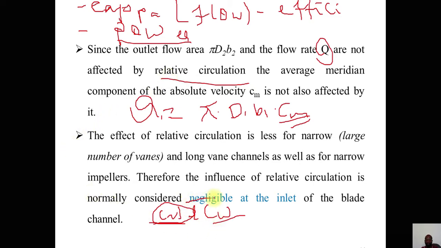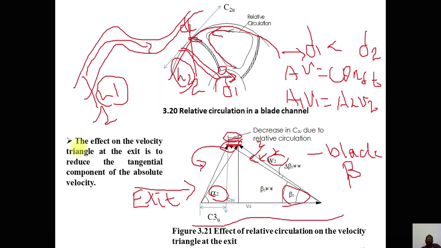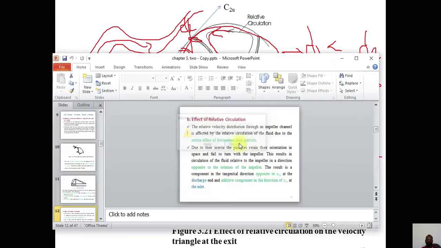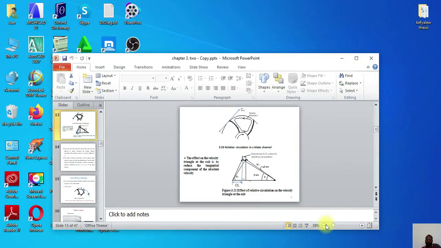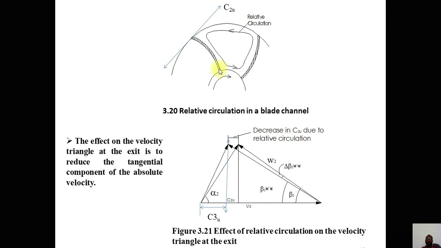Again, it is negligible at the inlet side. Why is it negligible at the inlet side? From what we have seen in my last lecture videos, in a design situation, if you take this case, it is a narrow side, and this case is a large side.